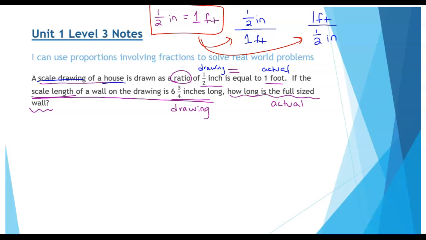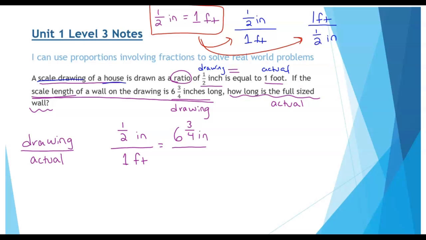All right, let's set up a proportion. I'm going to do the scale drawing to the actual house measurement. So we know that it's a ½ inch to 1 foot. And I know that my scale drawing is 6 3/4 inches to our actual length of our house.